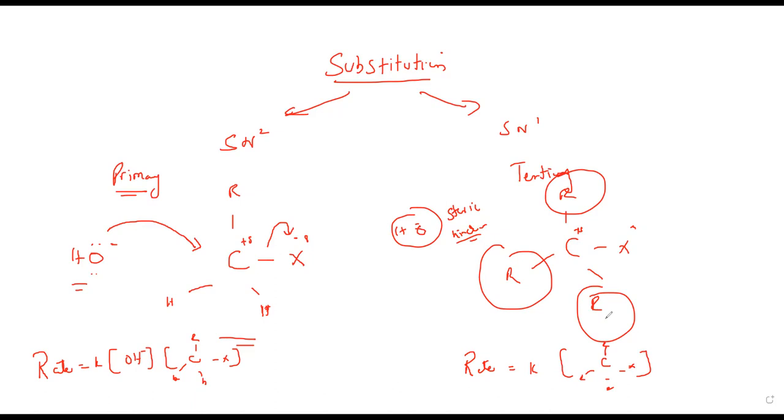If we have both halogen alkane and the OH group involved, we call that an SN2 reaction. So if we have a table and we have to identify from the table whether it is SN1 or SN2, there is a simple way we can identify.